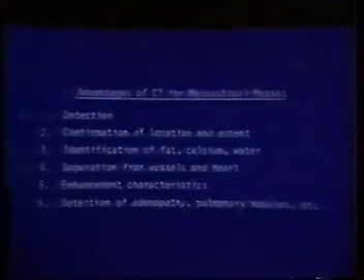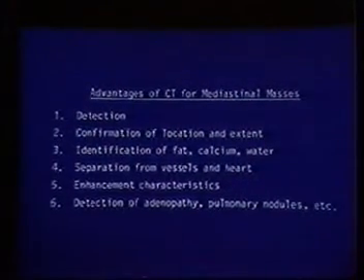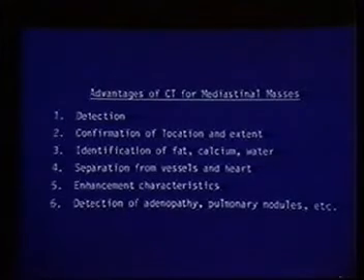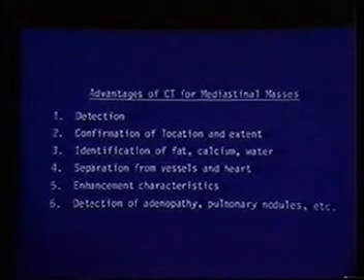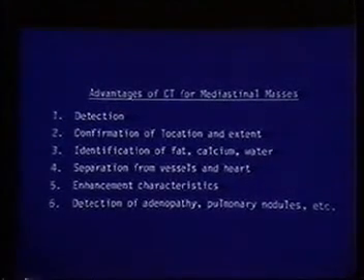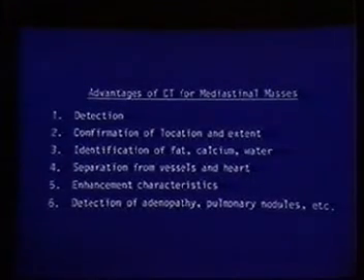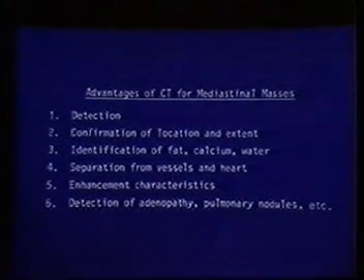Again, I'll give you some idea of the relative accuracy of these studies in just a moment. Confirmation of location and extent can be very useful because some mediastinal masses are hard to localize even with a good PA and lateral radiograph. If you can clearly localize where the abnormality is and point it in the direction of the mediastinum, you may well come up with a better idea of the differential diagnosis.